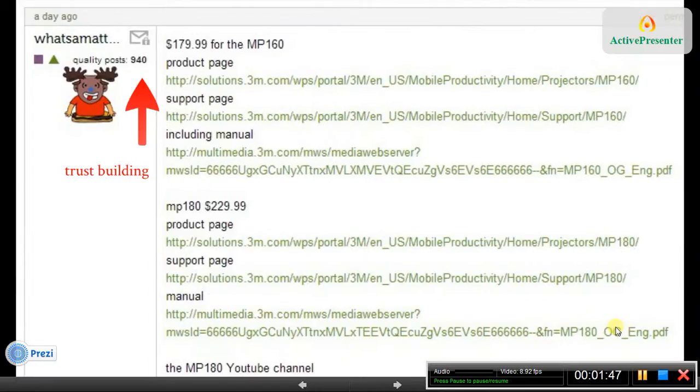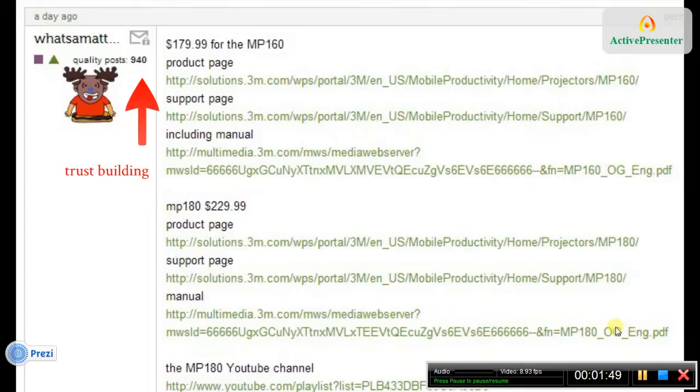Speaking to the customer experience, they also allow for member pages that help for trust building. Basically, using this, they can see exactly how many times a person has bought a Woot item, how many comments they've made.